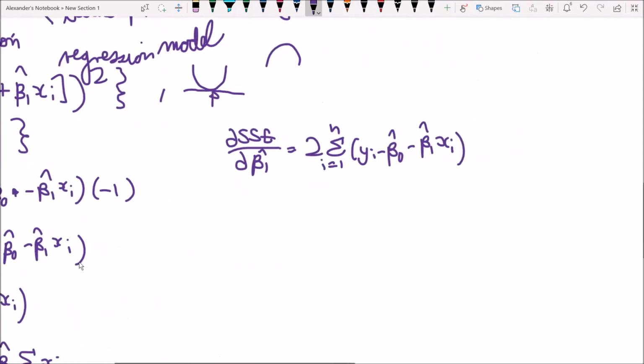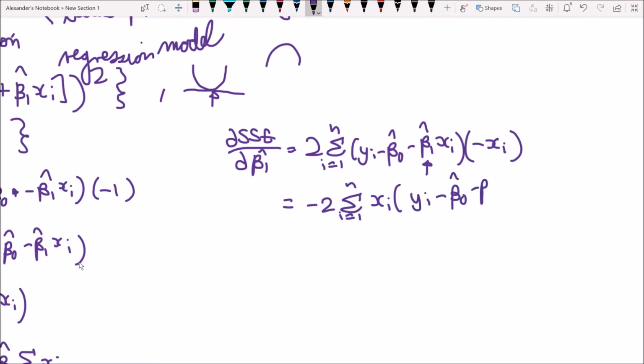Now we need to remember the chain rule of differentiation. We still have to take the derivative with respect to beta 1 hat. So the derivative of negative beta 1 hat xi with respect to beta 1 hat is negative xi. We can simplify this expression to be negative 2 times the summation from i = 1 to n of xi times (yi − beta 0 hat − beta 1 hat xi).